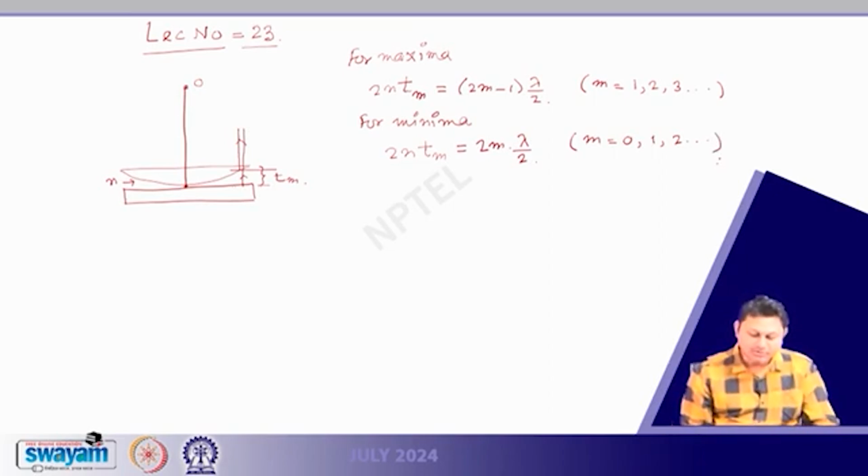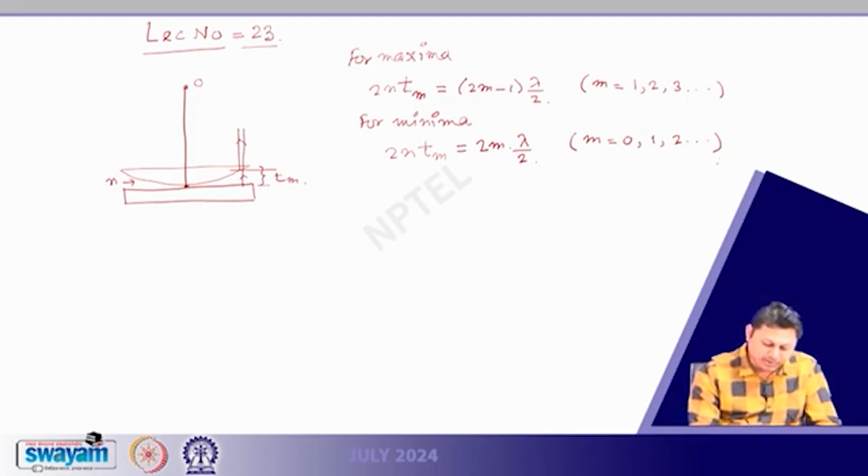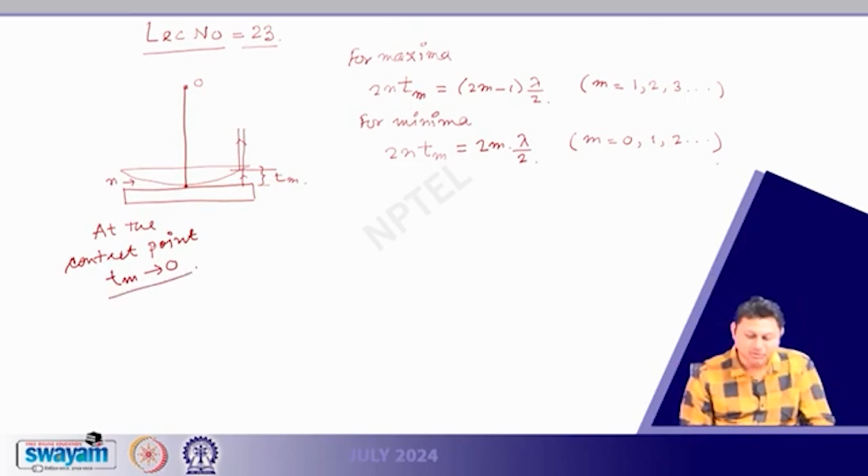At this point you may note that exactly at the contact point the value of Tm is 0. From these two equations one can easily figure out that this condition can happen for minima.